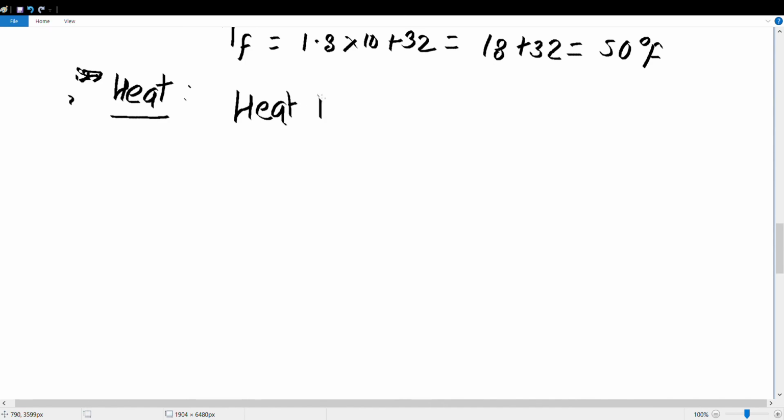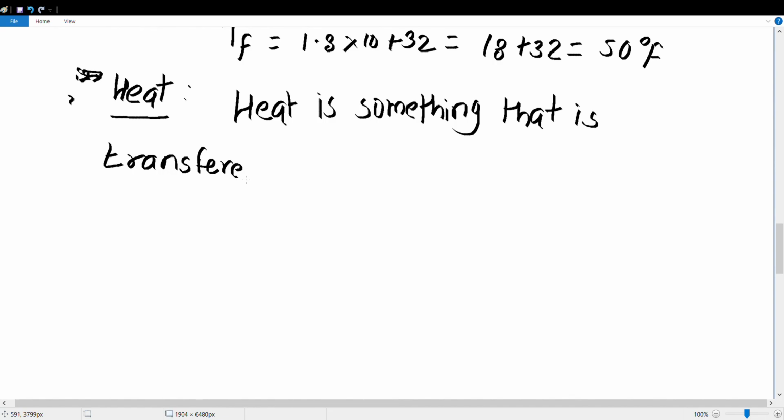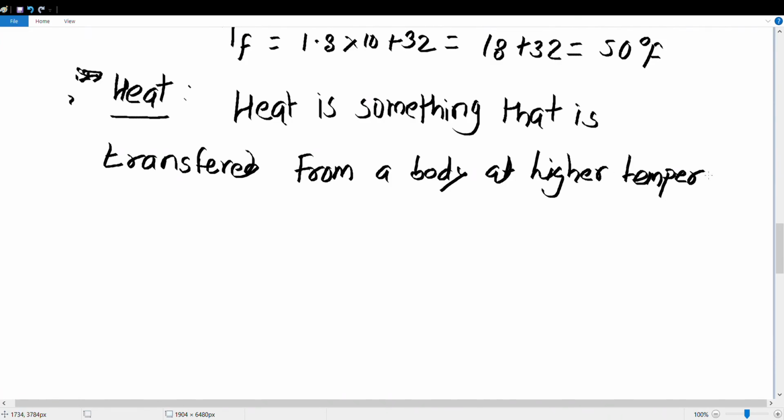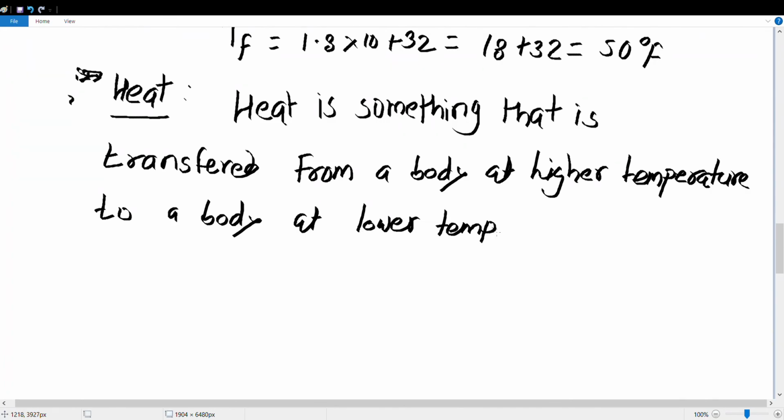Heat is something that is transferred from a body at higher temperature, in the above example the burner, to a body at lower temperature, in that example the water.